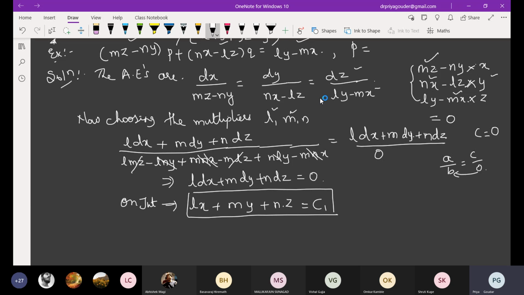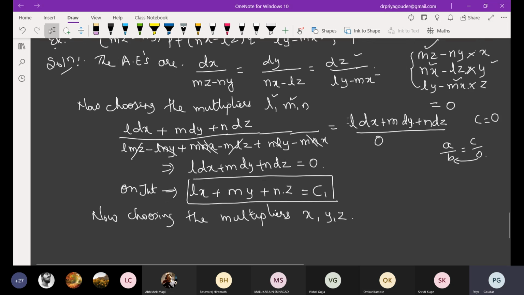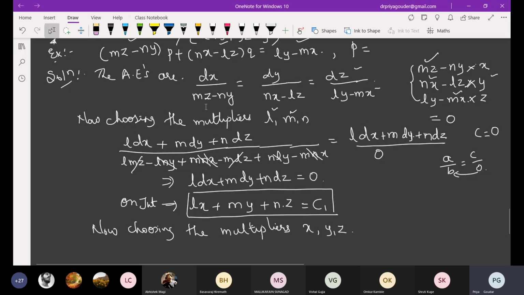This Ly I want to cancel, so multiply by z. Isn't it x, y, z if I take? This will be more clear over here. Now you may feel it is easy, but when you want to choose in an exam, it is difficult. So try to understand what I wanted to explain. So tell me the multipliers, what we have to choose? x, y, z. So do the same thing as we did: multiply numerator and denominator by x.